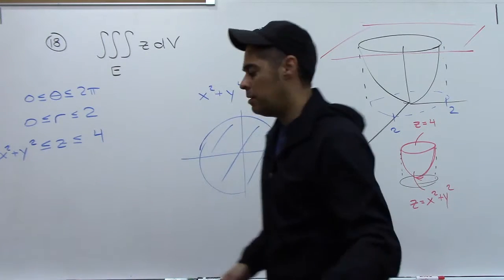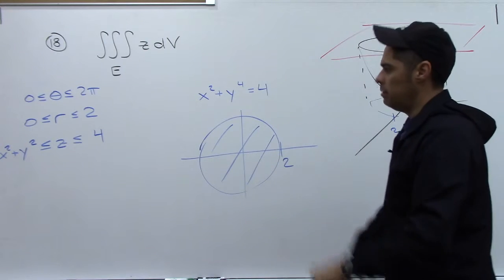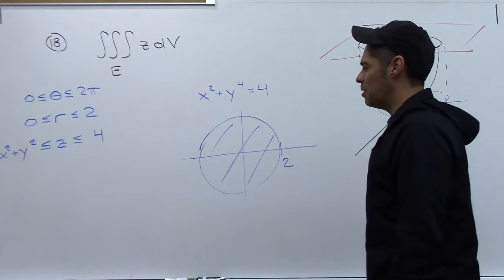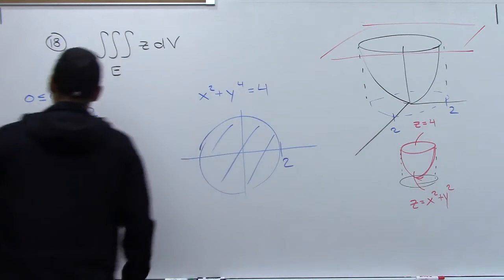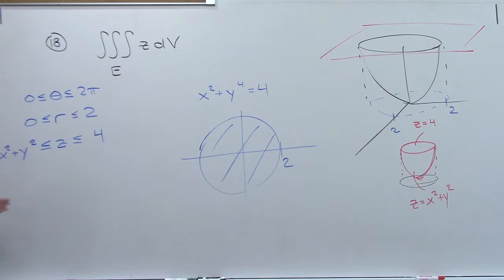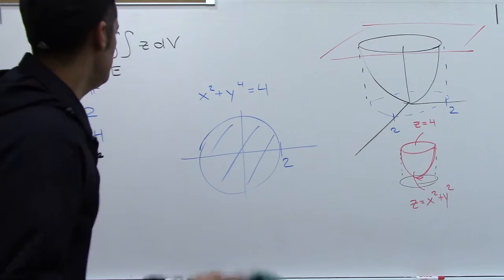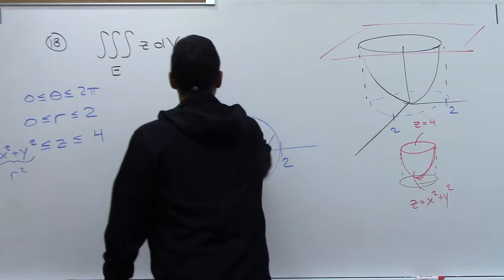Now, because I'm going to cylindrical, I'm going to make conversions: x and y are going to be converted over to polar. So this right here is r squared. So my z is actually going to be between r squared and 4. And I think I should be able to set up this triple integral now.